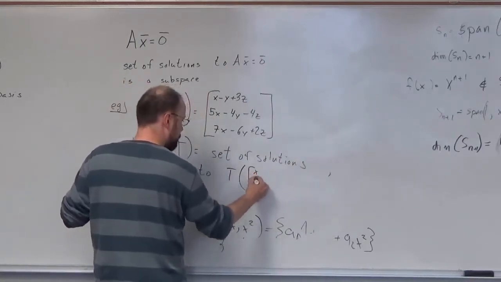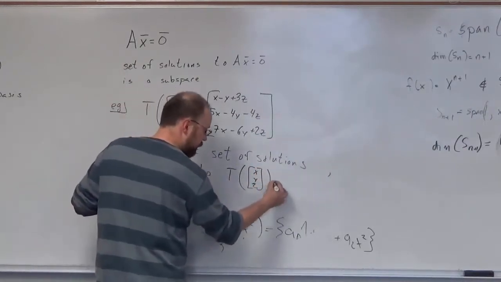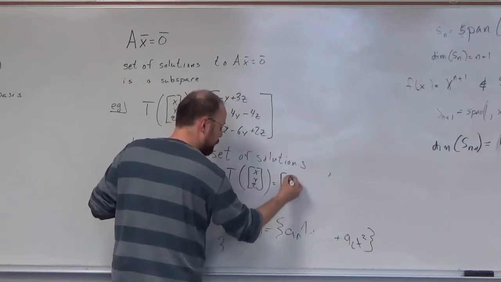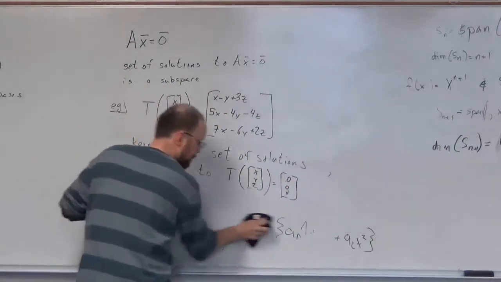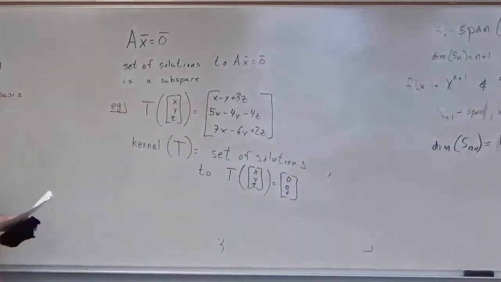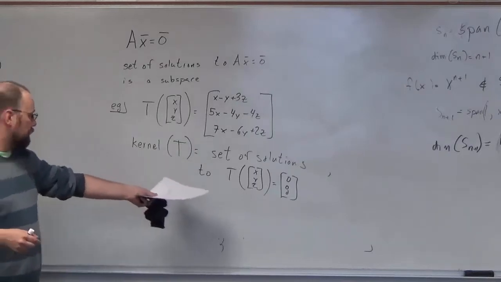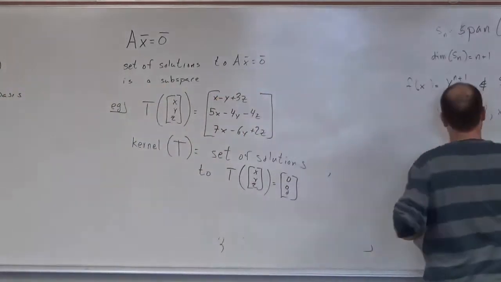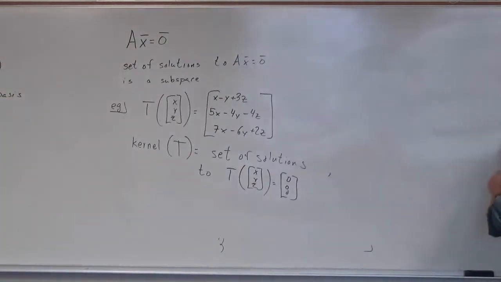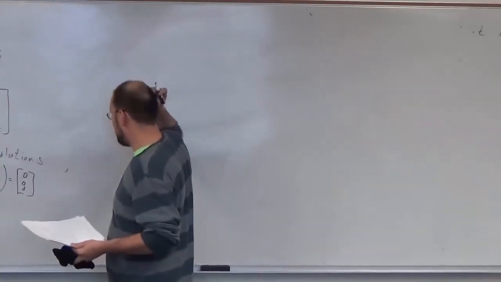It's all the vectors in the domain such that when you stick them into your transformation, you get the 0 vector in the codomain. So you see how it's analogous. The kernel is the set of solutions to this homogeneous equation. It's a subspace. And we hope to find a basis for that. So how would we do that?